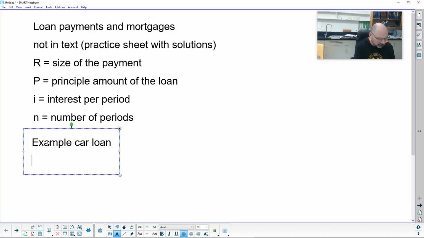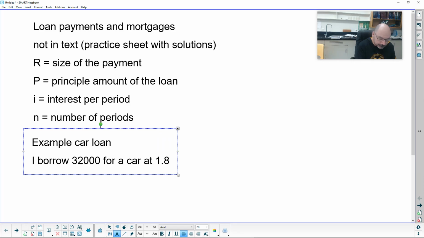So I borrow, let's say, $32,000 for a car at 1.8% compounded monthly.